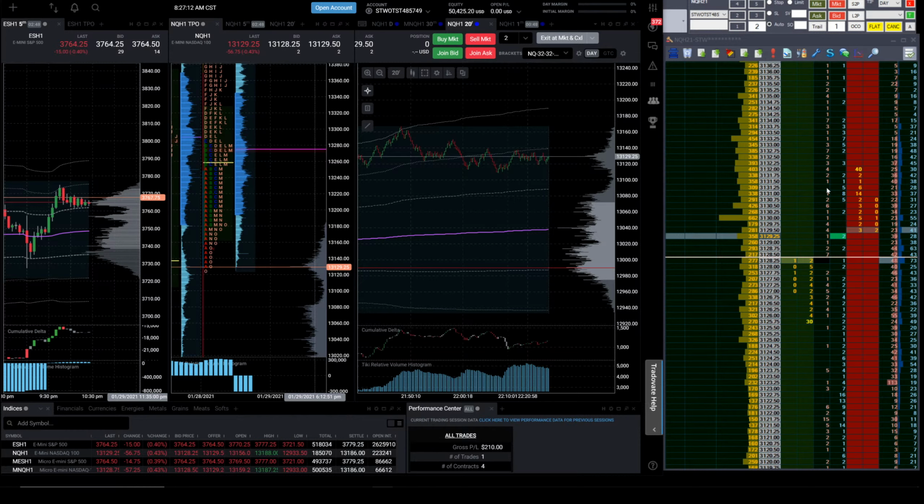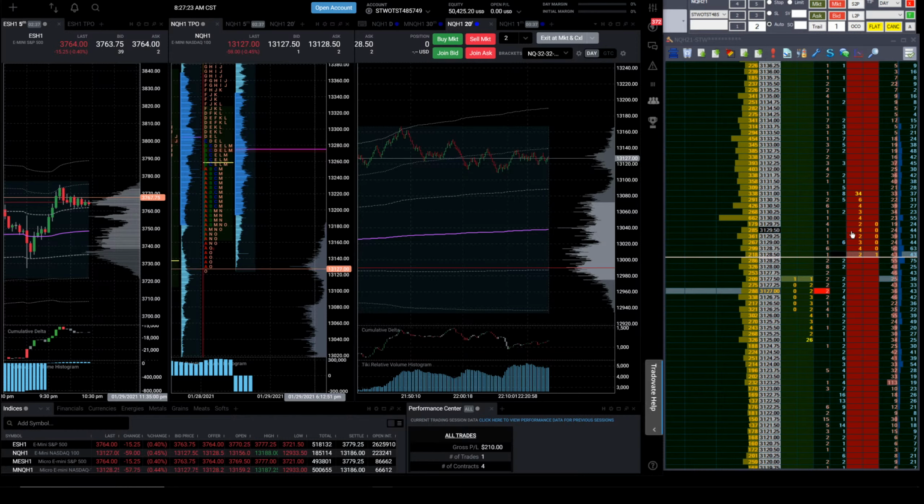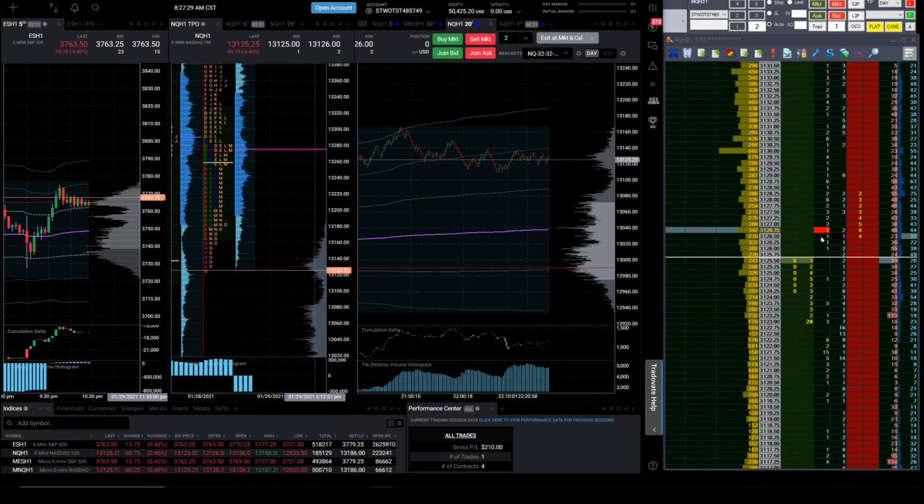That's a good thing. These are your bids. These are your offers. The difference is the spread. When you see a red indicated number like that, that means that someone from the sellers, from the offer, has hit the bid. They've reached down. If you see green, it's a buyer reaching up.